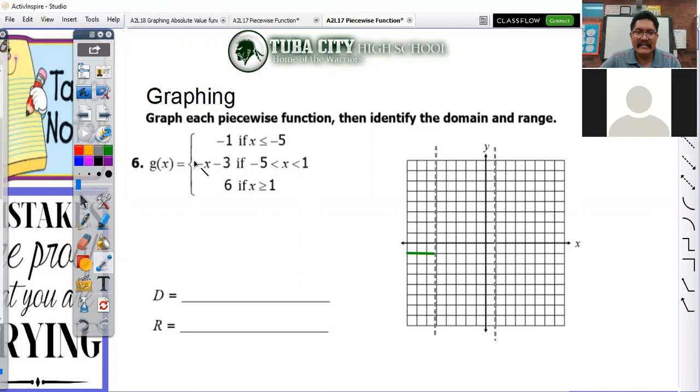Now I have the second segment for the areas of x between -5 and 1, which means everything in this area here. And they give us this function, so y equals -x minus 3. Start at the y-intercept and go down 1 over 1, following the slope of -1. And we have a line kind of like that.